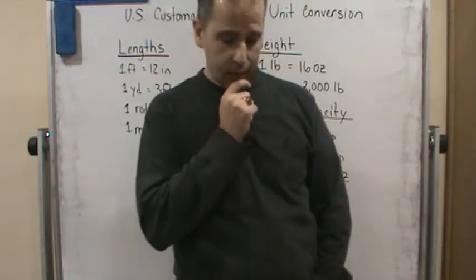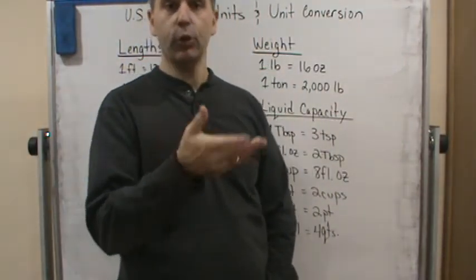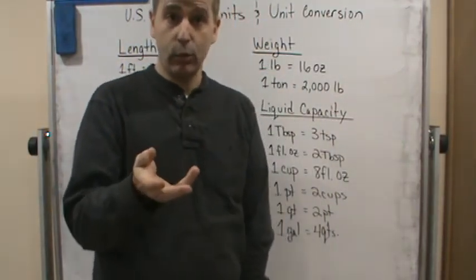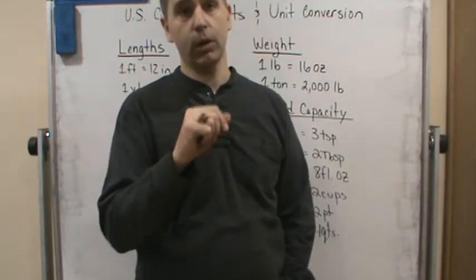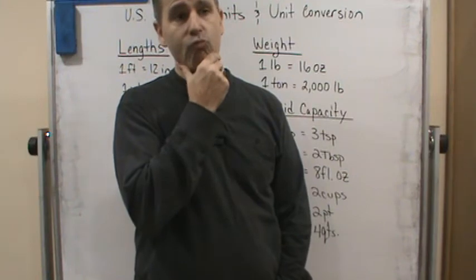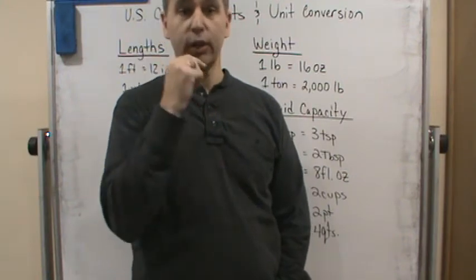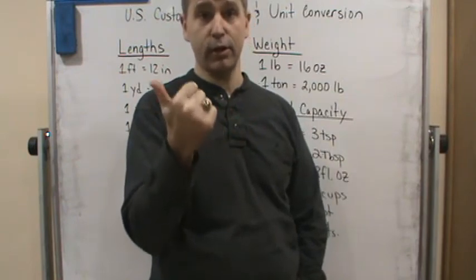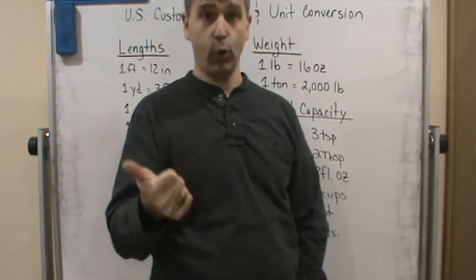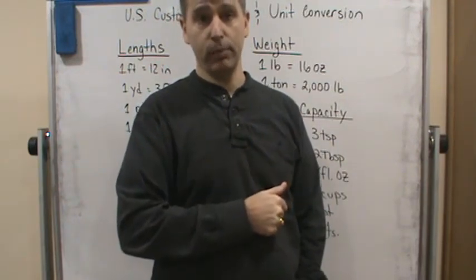Or let's say rods. If you're a surveyor, you're measuring rods, so that's going to be 320 rods, equal to 1 mile. Or let's say you just want to convert to the metric system and you want to use meters, then 1,609.344 meters is equal to 1 mile.